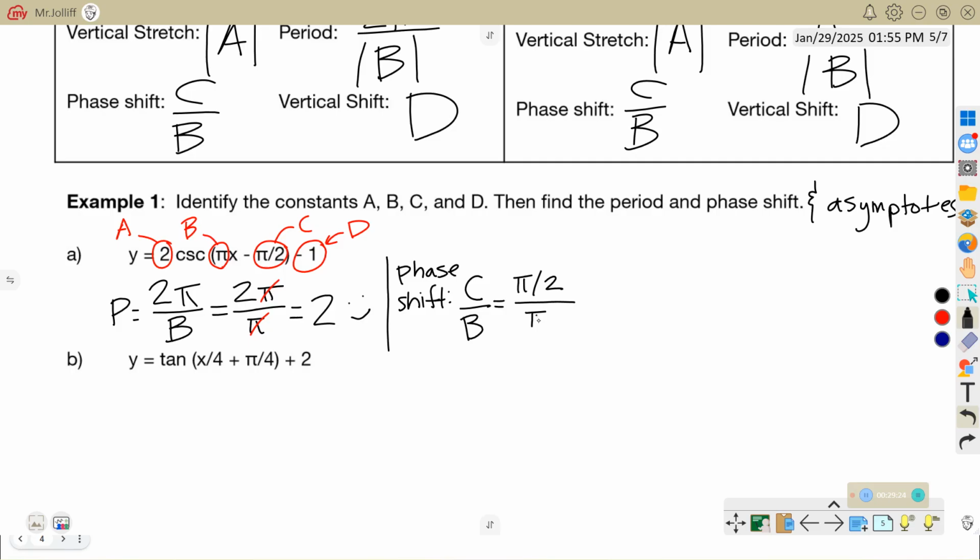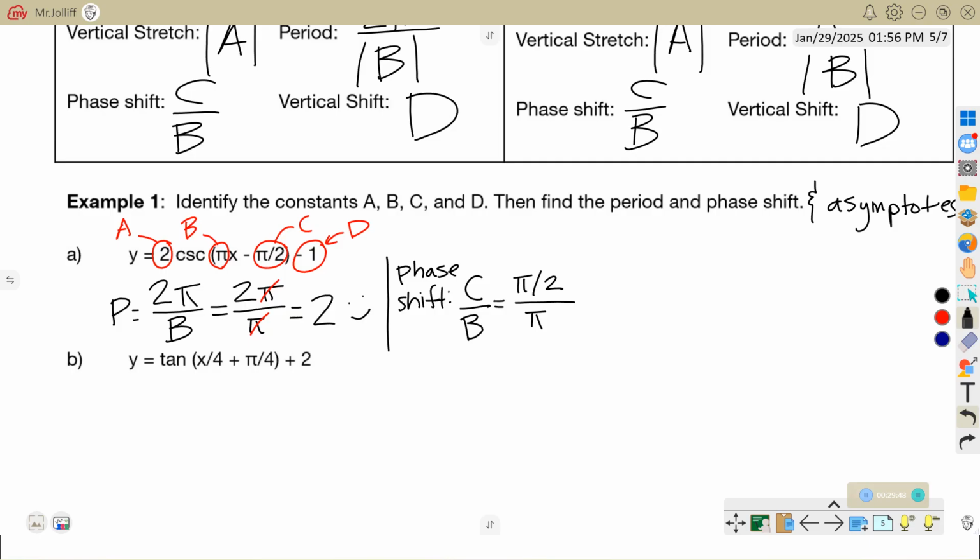B is pi. Take a minute while I'm adjusting e-hall passes. See if you can figure out what that is. Any guesses?